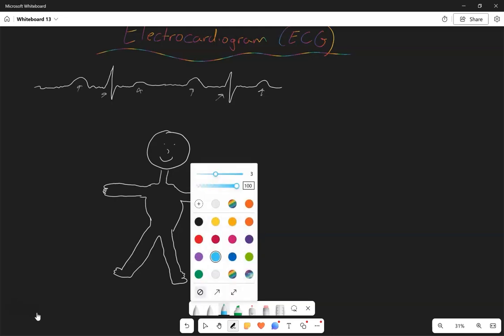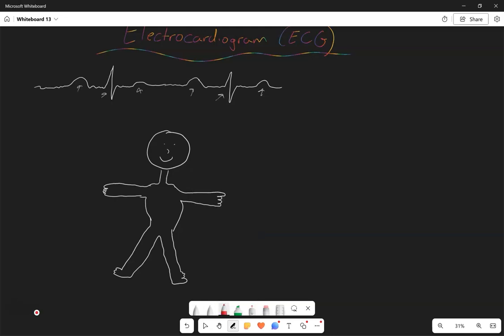Now, if we put an electrode on Bob here, and we put one over here, we can call this a negative electrode, and we can call this a positive electrode. Okay, so we set up a diode, right, with a negative end and a positive end. Okay, and we can measure the electrical conductance across this diode.